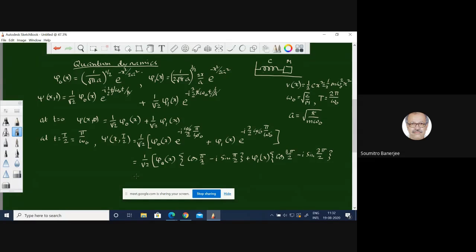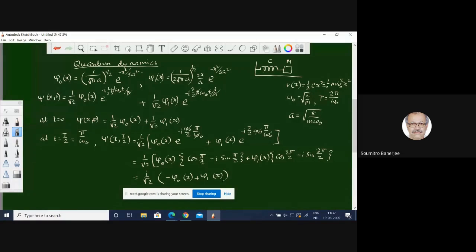Okay, and this is simply 1 by root 2. These ones cancel off, only this sine part remains. So you have i coming out here. What remains is minus psi naught x plus psi 1.